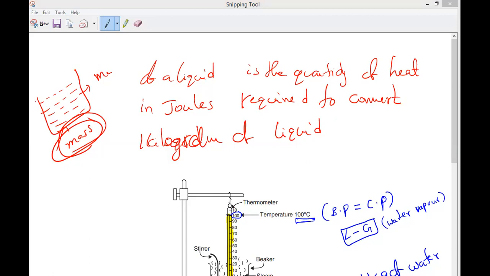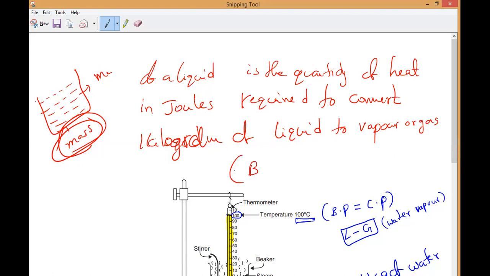Liquid to vapor, at what point? At boiling point. Liquid to vapor or gas, at what point, guys? At boiling point. Remember, boiling point. At boiling point is known as what?